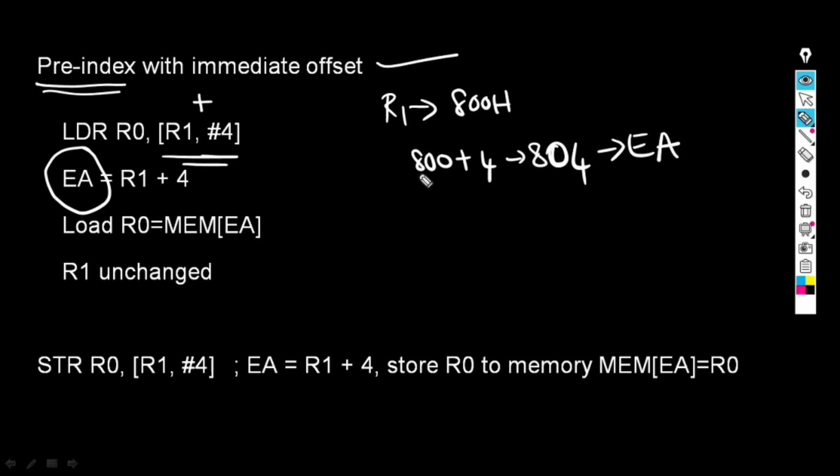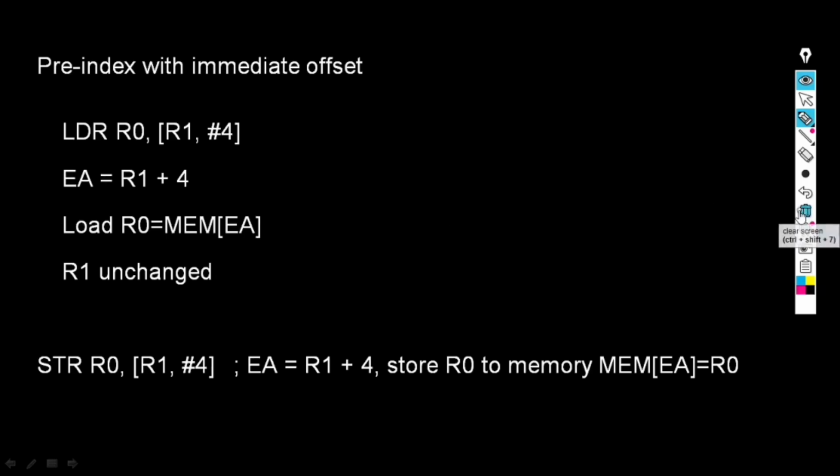As soon as you know the address, you have to access that memory location in memory, that is 804 in this case, and whatever data you get, you put it into R0. And what happens to R1? It remains unchanged. So this is the very first thing that you should know.